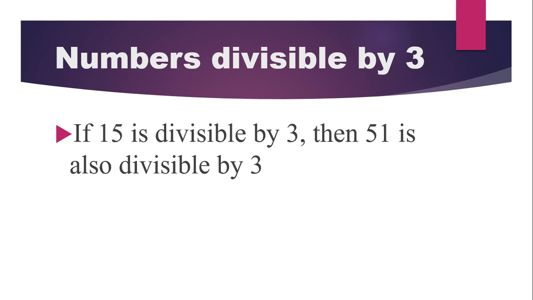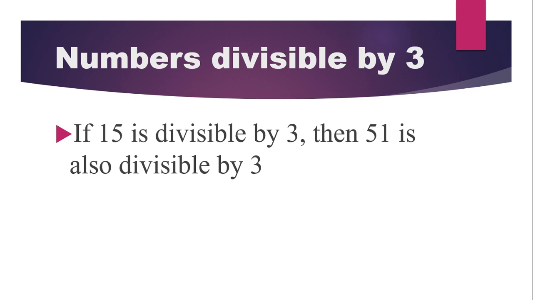If 15 is divisible by 3, then if we decide to change the order of the digits in 15, that is, if we decide that the digit 5 should come first before the digit 1, we're going to get 51. Now, it's pretty amazing to discover that 51 is also divisible by 3. That's pretty cool to discover, isn't it?